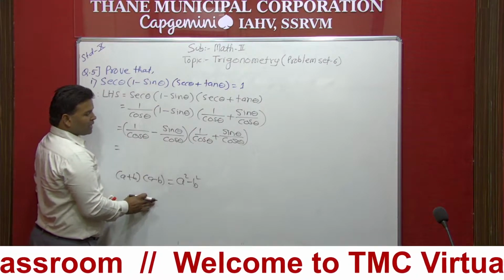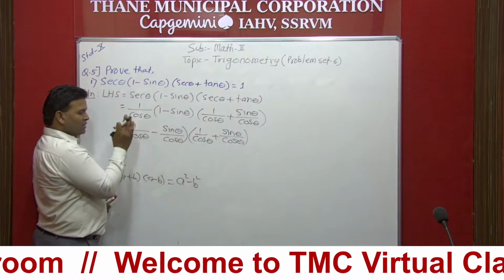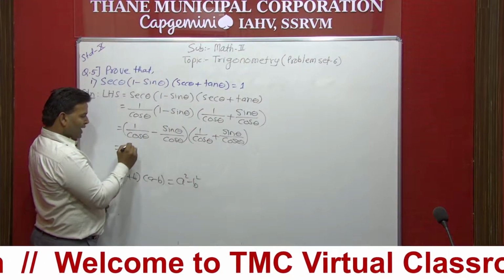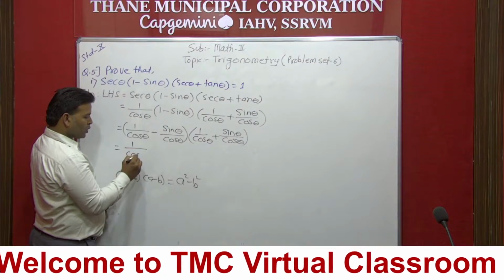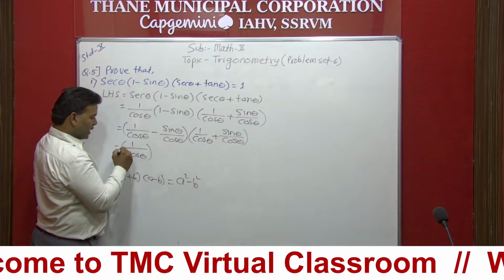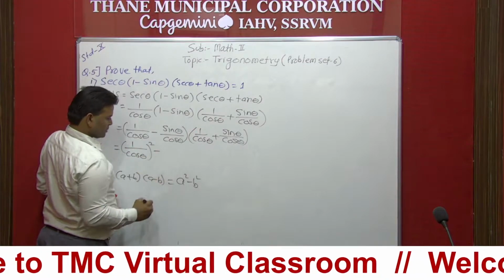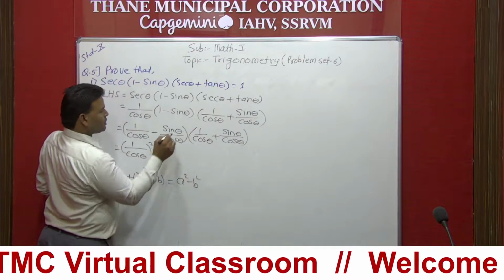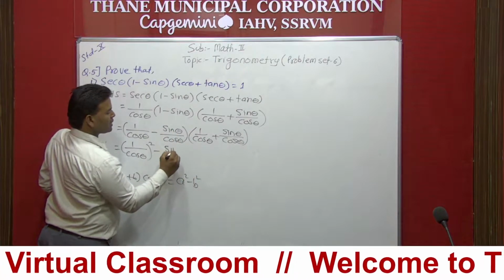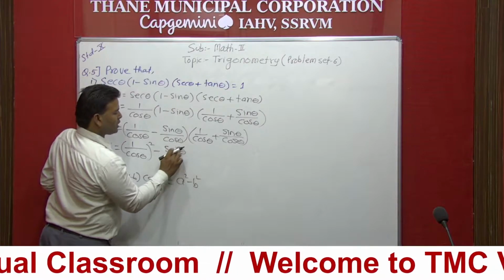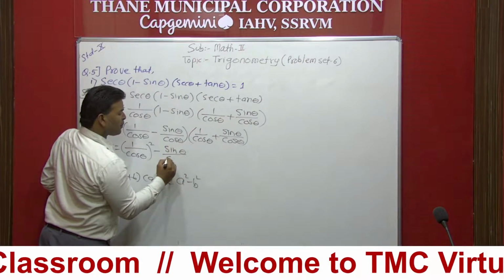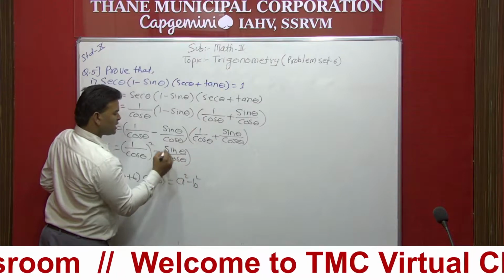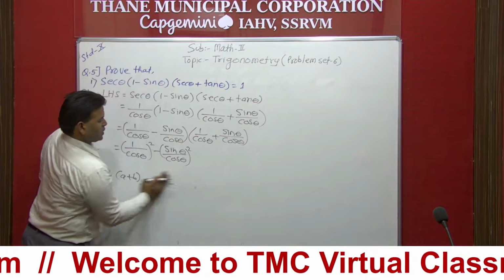So same identity I am going to use here. Now see, this is our A. So what I am going to write down here: 1 upon cos theta the whole square minus B the whole square. B means second term, that is sine theta upon cos theta the whole square.